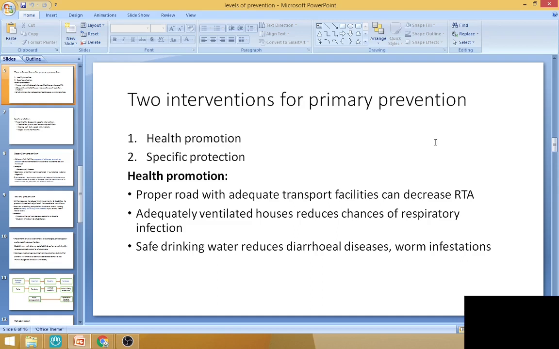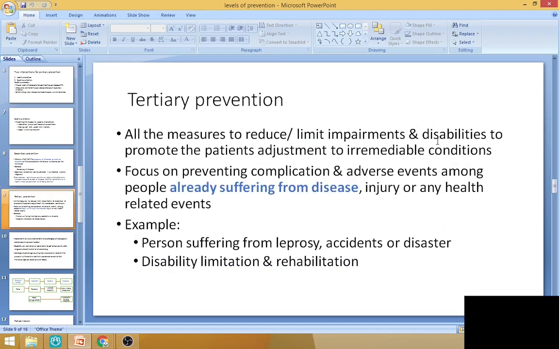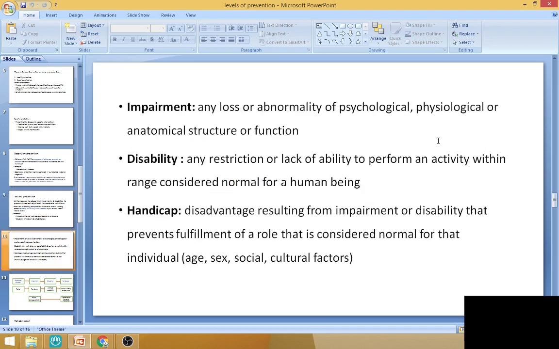You have to know examples of health promotion and specific protection. In secondary prevention, it is early diagnosis and treatment of disease as early as possible. In tertiary prevention, disability limitation and rehabilitation, very important. This is the intervention in case of tertiary prevention.